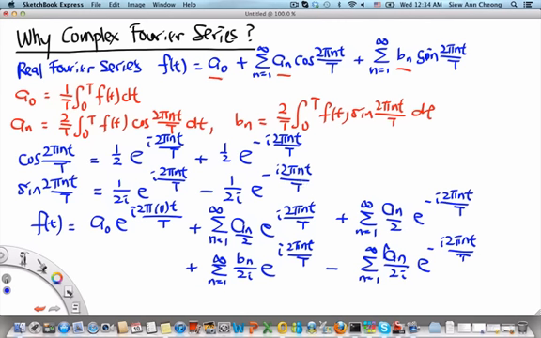We can write this term here because it's minus. What we're going to do is write this complex exponential as e to the i 2 pi minus n times t divided by capital T, and we do the same for this particular complex exponential.